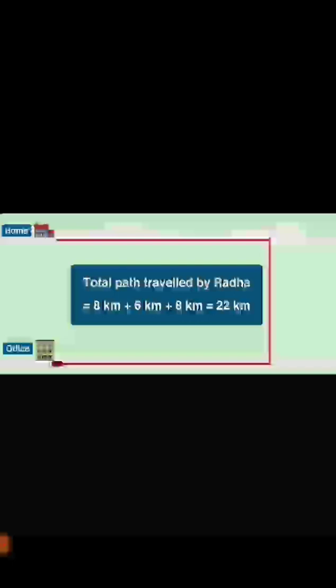Radha travels from home to office along a road, the path along the red line. Its total distance is 22 km. So distance is defined as the total path covered by an object, or the total path covered by Radha. So this 22 km is known as distance.